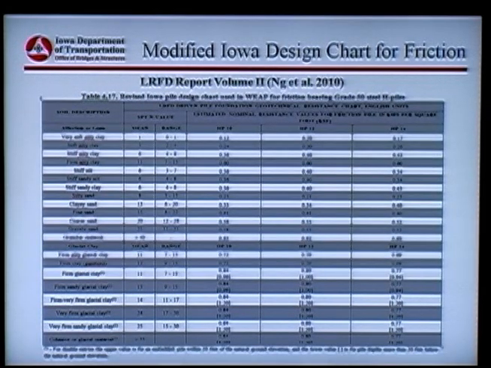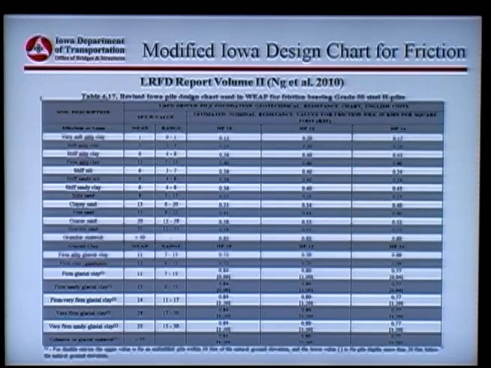I want you to refer to Volume 2, Table 4.17. This is a reproduced and modified Iowa design chart that is specifically suited for WEAP analysis. Right? What is changed here is the unit of the numbers.